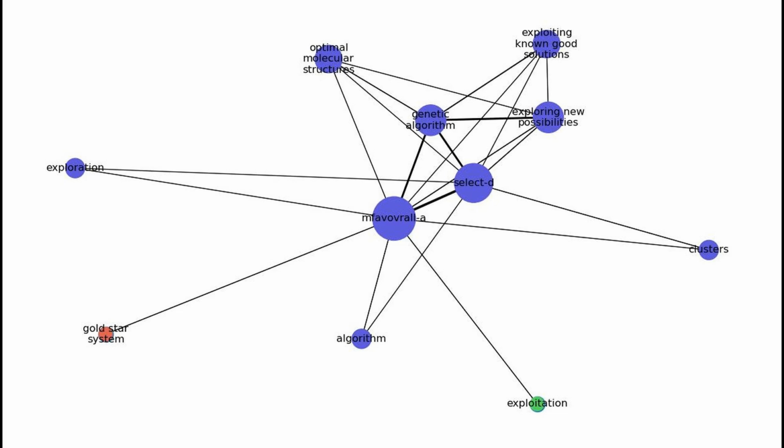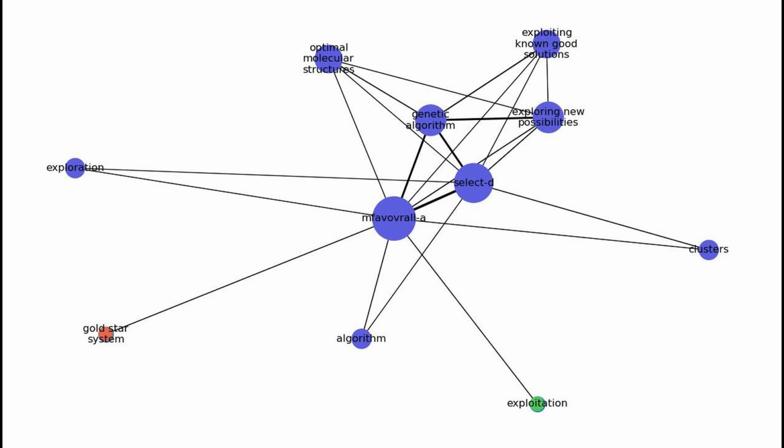When a cluster finds the absolute best structure, this parameter increases the chances that this cluster will be selected again in future searches. This is akin to rewarding a student for good grades, encouraging them to keep performing well. This parameter promotes exploitation, meaning it focuses on the successful clusters that have already shown they can find excellent solutions.